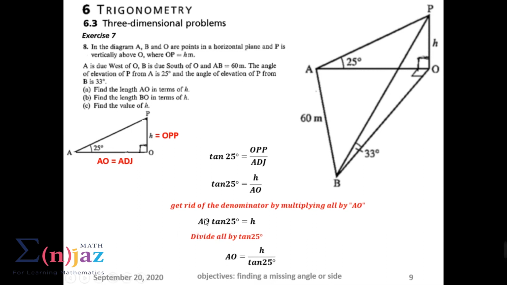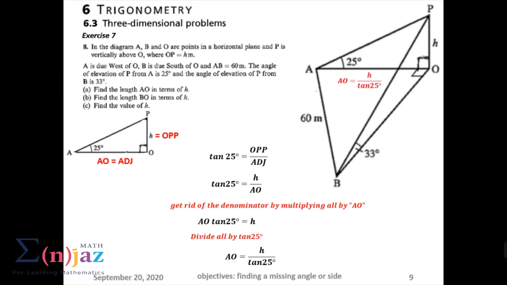Accordingly, we are isolating AO and we succeeded at that. So AO is left on its own, equal to H over tan of 25. AO now is my subject and it is written in terms of H. And that's the answer for the first part of this question.